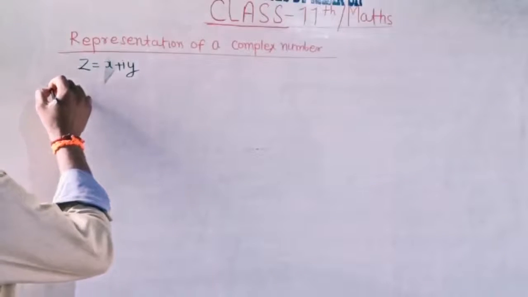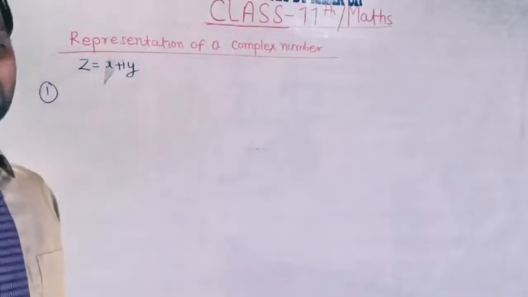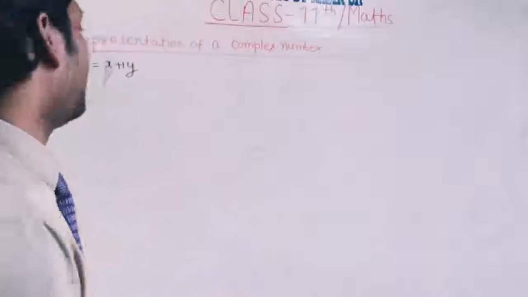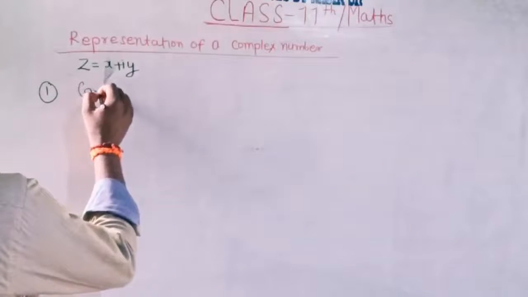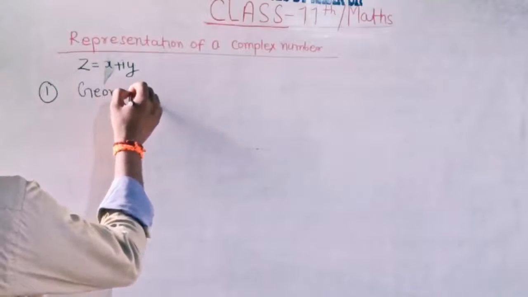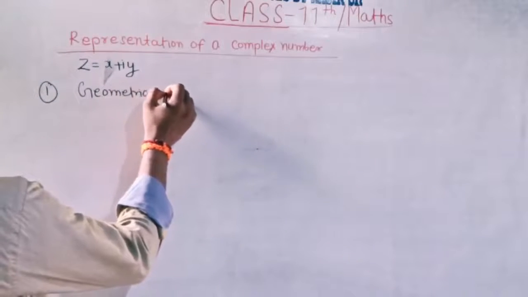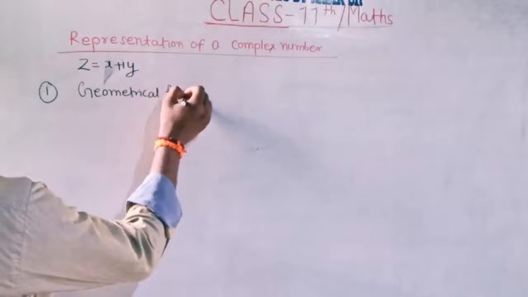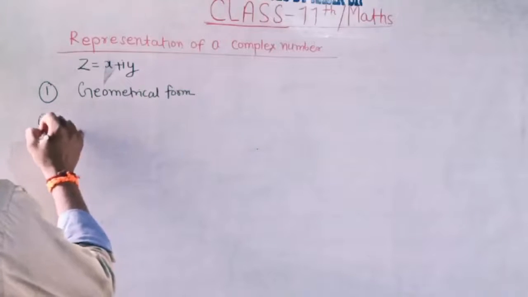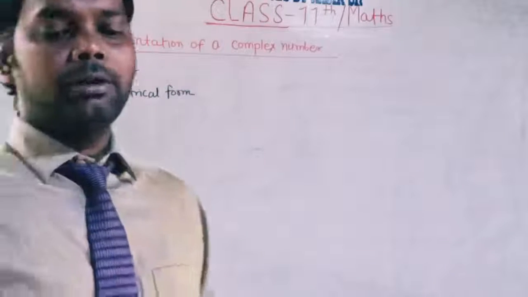The first is geometrical form. Second is vectorial form.